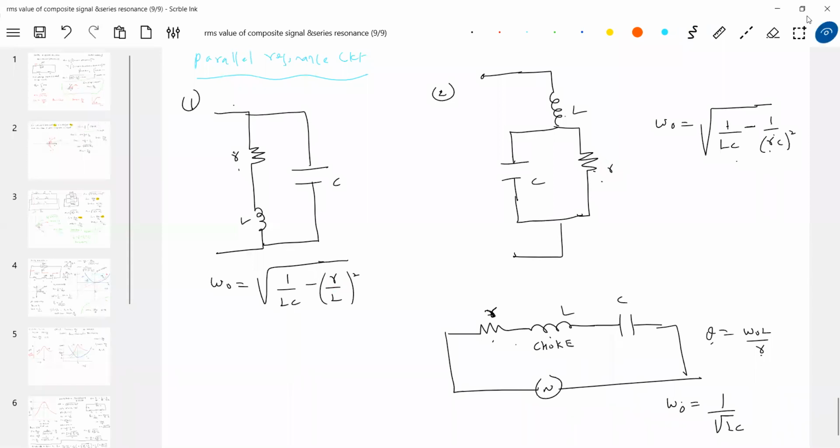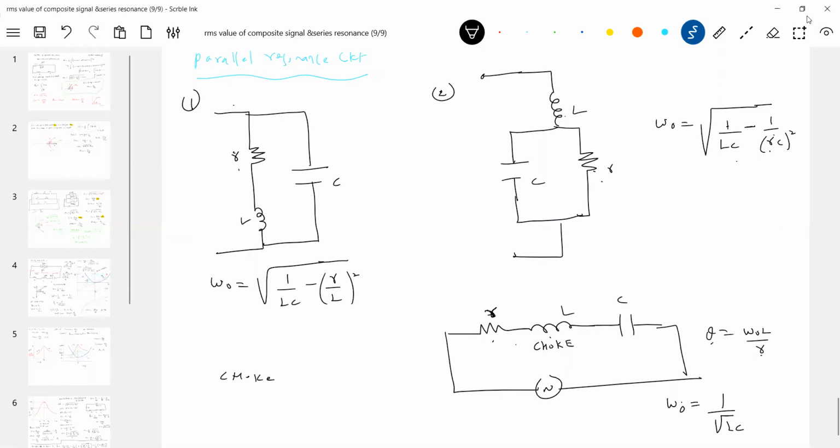Let's come to this. Quality factor should be as high as possible. So therefore, what type of inductor should I pick up? I should pick up an inductor where L is very large and R is very small. So the inductor is called a choke.